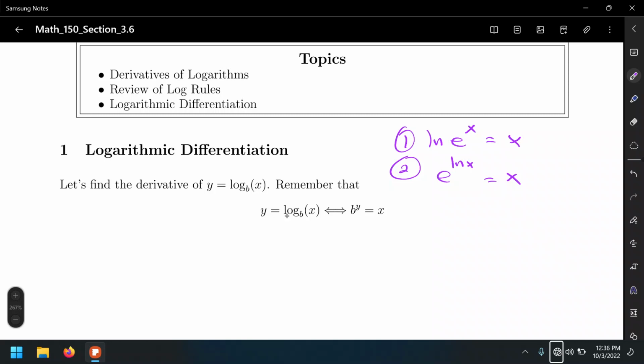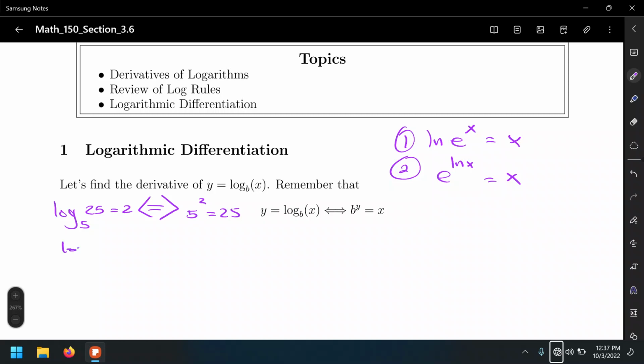So one thing to recall is that logarithm base b of x is the same as b to the y equals x. For example, log of 25 on the base 5 equals 2. That's because 5 to the second equals 25.